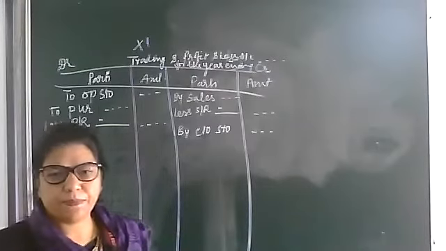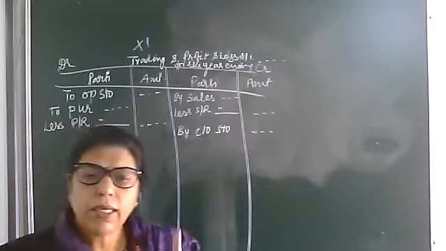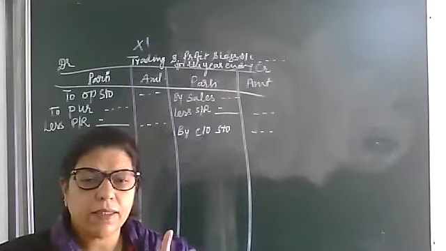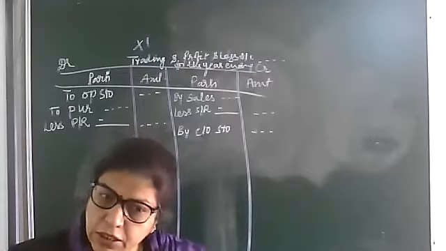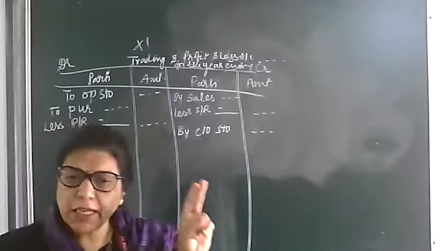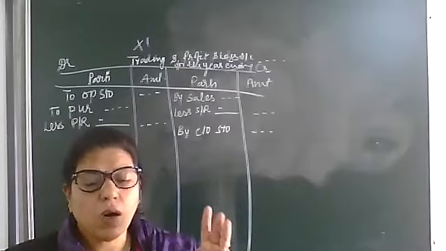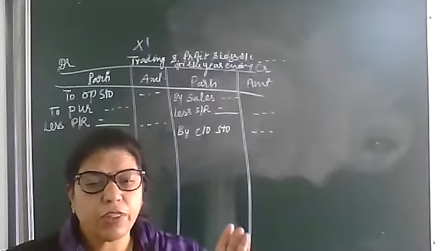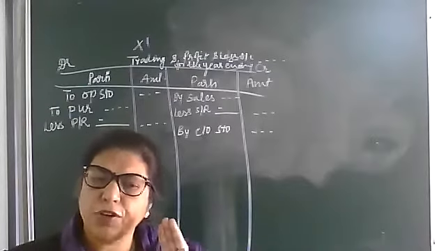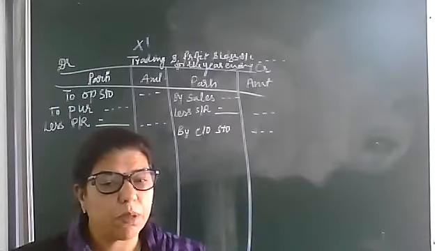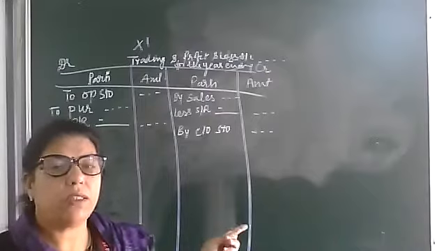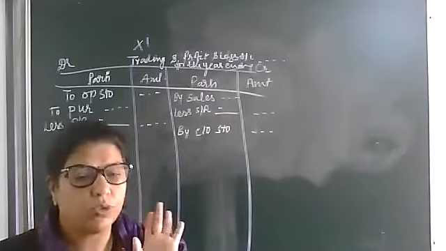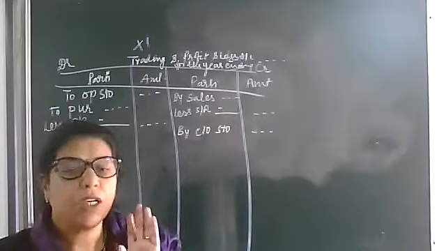Now see. Only those expenditures which are related with the manufacturing process, production process, or related with the factory and production purpose, only those expenditures are to be entered in trading account. Be careful about that.